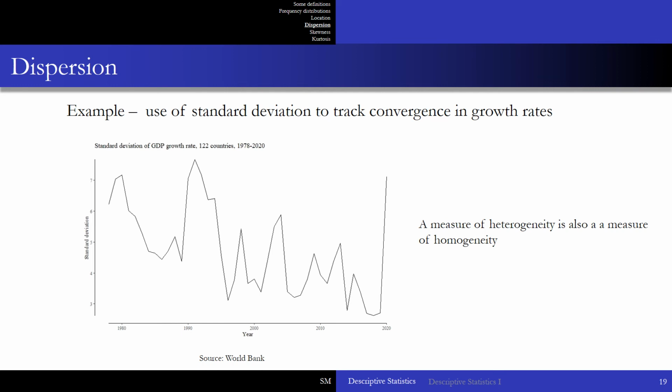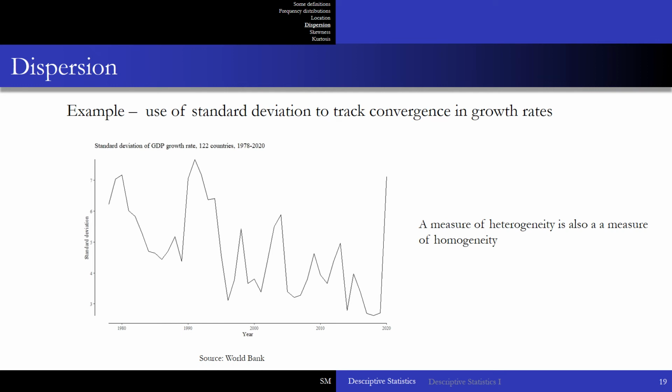Toy examples are very nice for working out the details of calculations. But of course it's also nice to see some real-world examples. Here's an example. It's of the use of the standard deviation to track convergence in the growth rates of economies. The data come from the World Bank, and what we have is the standard deviation of GDP growth in 122 countries between 1978 and 2020. The basic underlying data is for each country we have their GDP growth rate in a particular year, and for each year we calculate the standard deviation.